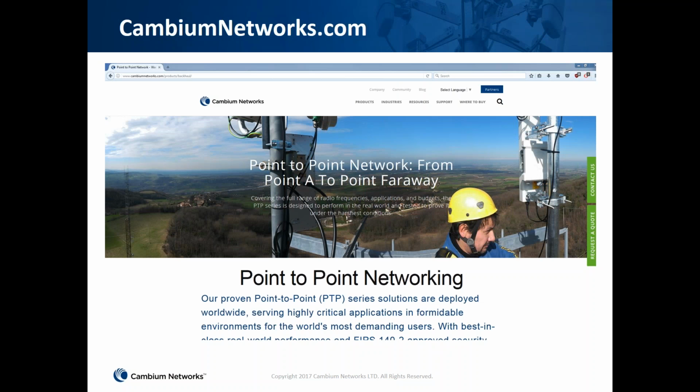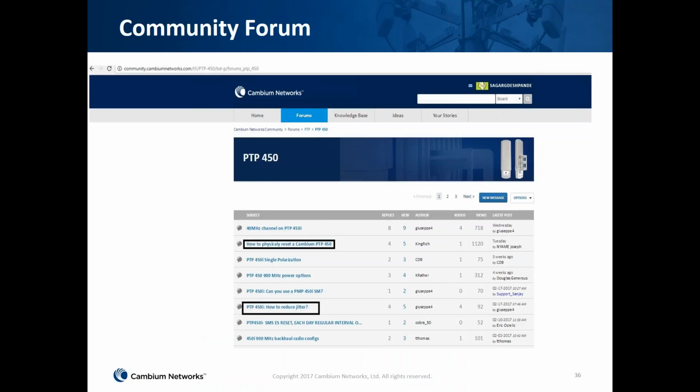For more information, definitely visit our website, cambiumnetworks.com/product/backhaul, where we have much more information regarding the specs and other aspects of the PTP 670. Also please check out our forum, where we keep updating the knowledge base with respect to the 670 and have more information out there as we do it.